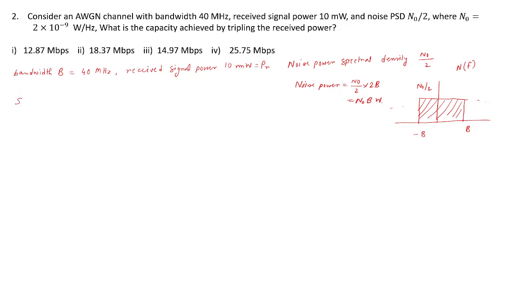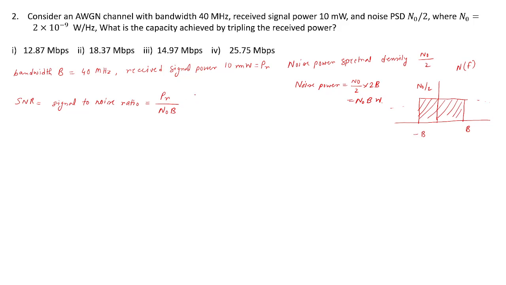And our SNR, the signal to noise ratio, comes out to be the ratio of received signal power PR by noise power N0 B. We have encountered this before.